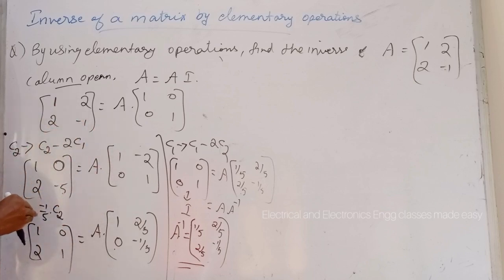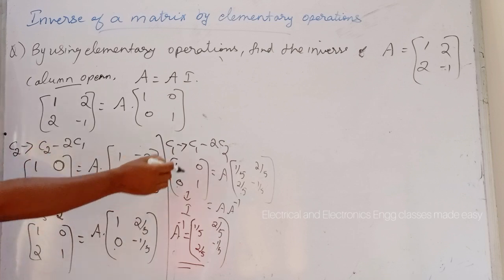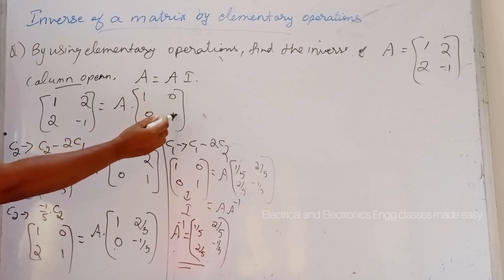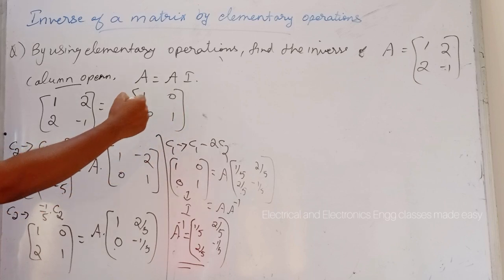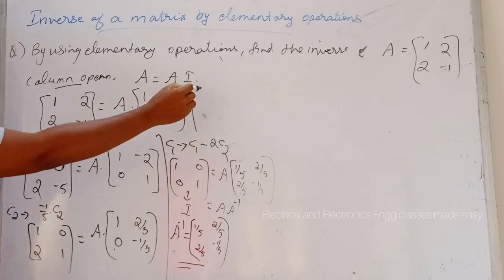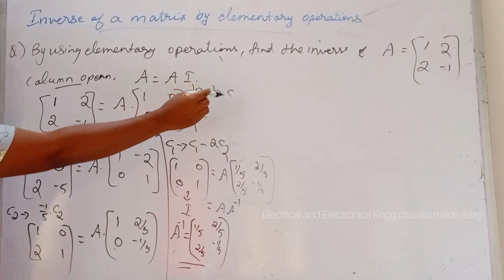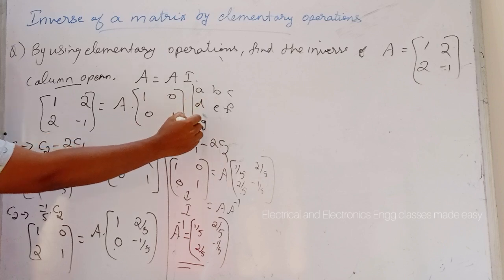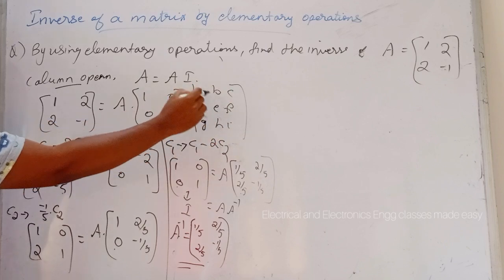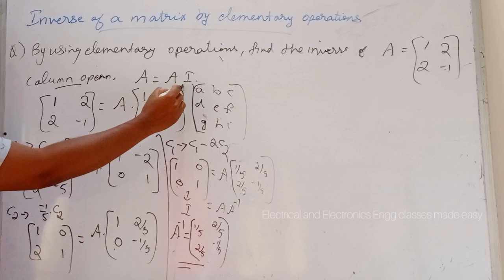Then in the next case we have to make the second column second element 1, then make the corresponding elements 0, that is in the case of a 3 by 3 matrix.